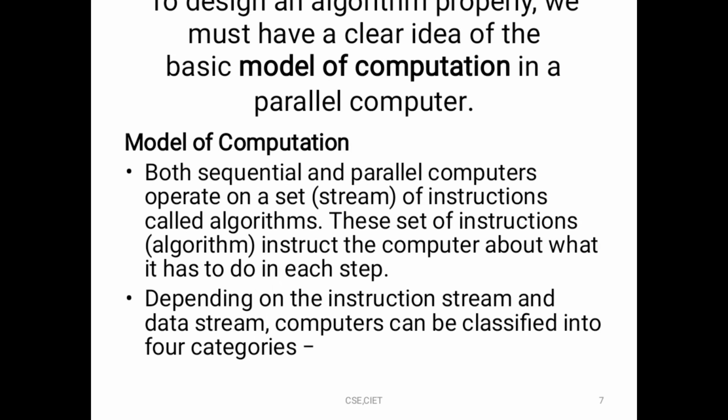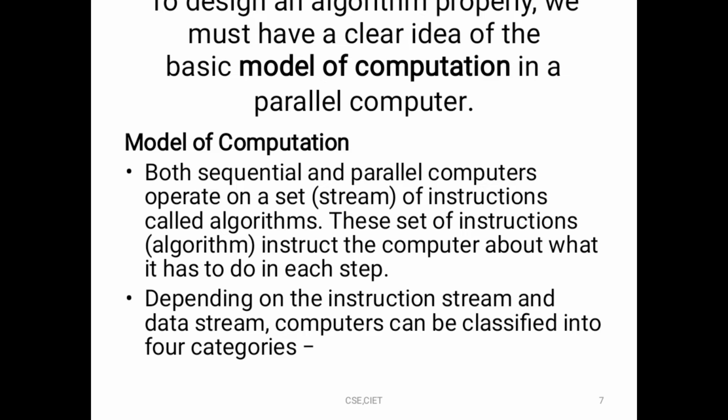So to design an algorithm properly, we must have a clear idea of the basic model of computation in a parallel computer. For that, we have different types of models. Both sequential and parallel computers operate on a set of instructions called an algorithm. These sets of instructions instruct the computer about what it has to do in each step.